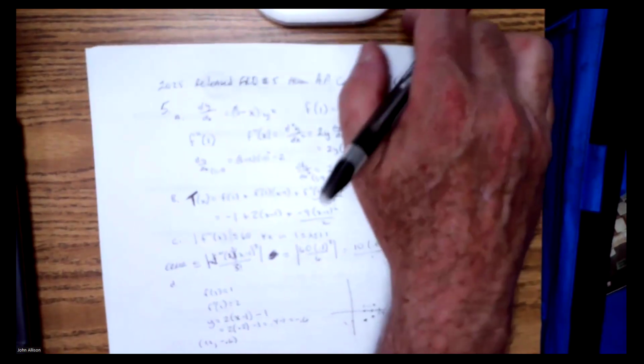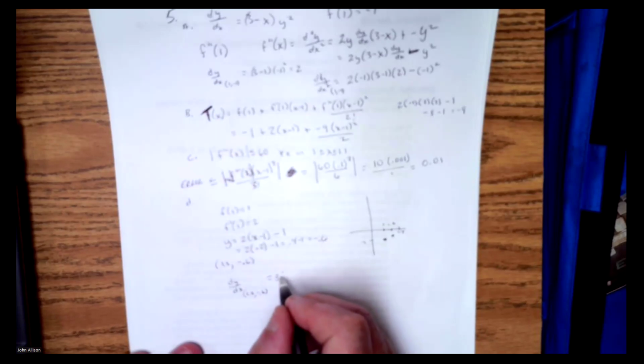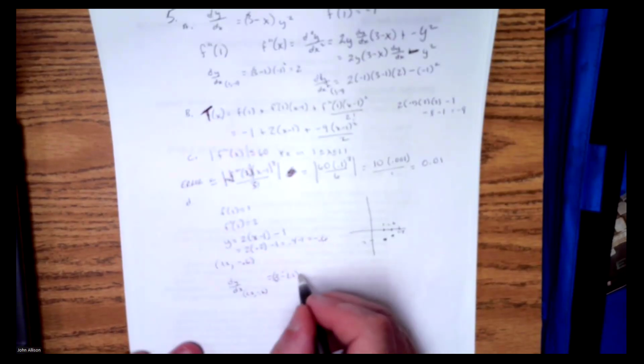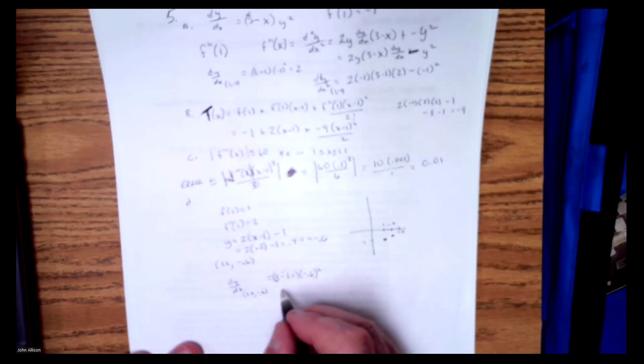And so now we're going to evaluate dy/dx at that point, which is going to be 3 minus 1.2 times y squared, which is negative 0.6 squared. 3 minus 1.2 is going to be 1.8.